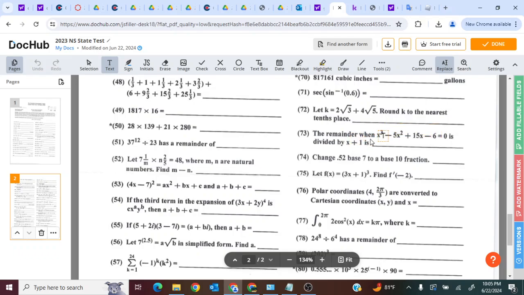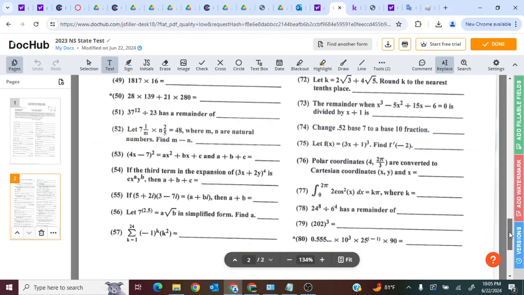Anyway, remainder when that is divided by that, you do negative 1, the opposite of that. So plug in negative 1 in this. Negative 1 minus 5, yada yada yada. You know how to do that. Okay. This is base 7. 5 times 7 is 35, plus 2 is 37, and you're dividing by 7 squared, so 49.